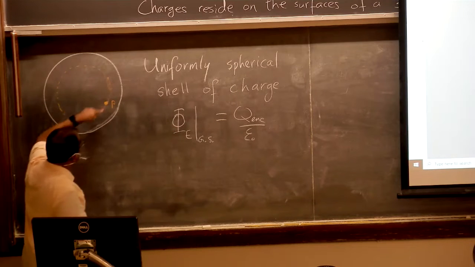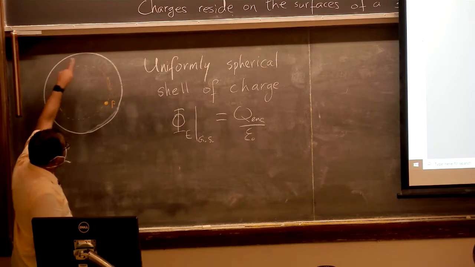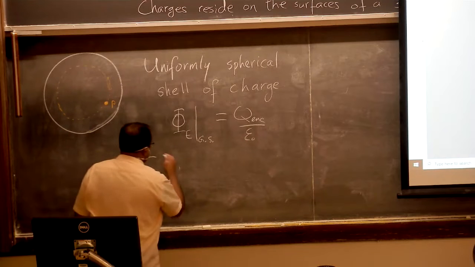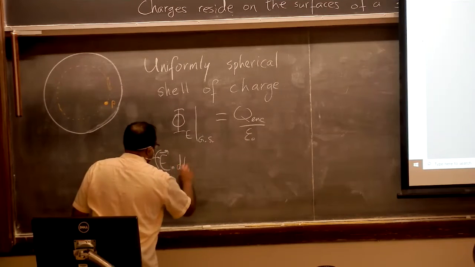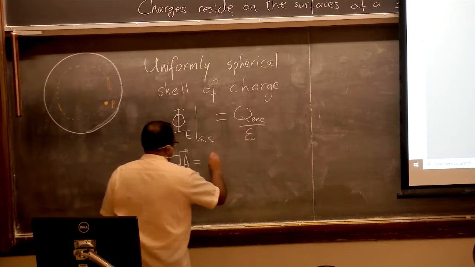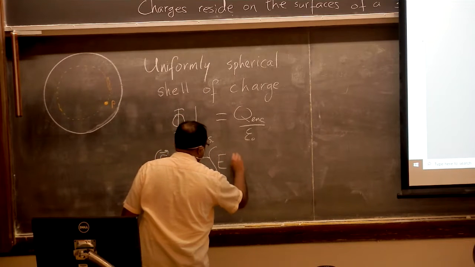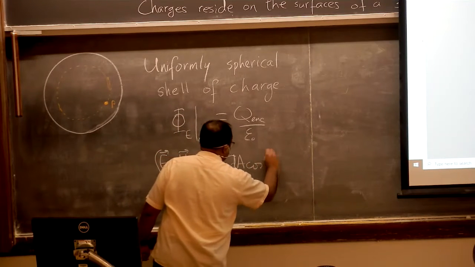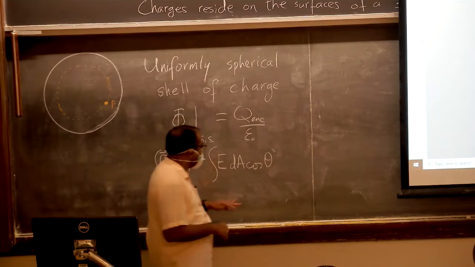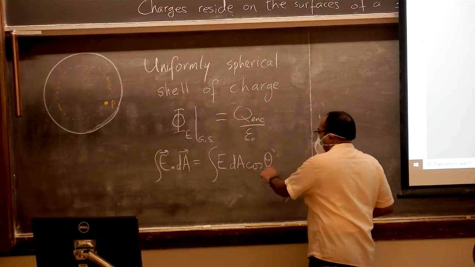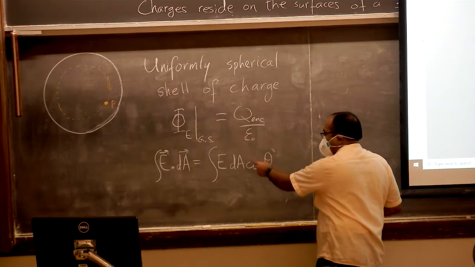Right? And then because I've chosen a Gaussian surface with the same symmetry, we can see that this integral, E dot dA, simplifies to just E dA cosine theta, and the theta will be either 0 or 180 degrees. Let's assume 0 for the moment. So cosine of 0 is 1.